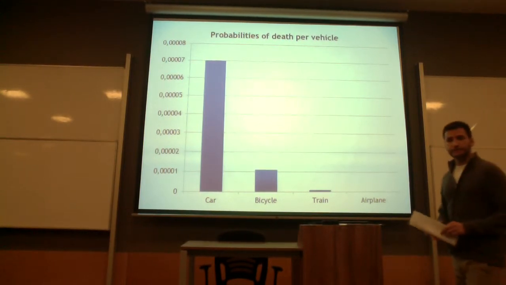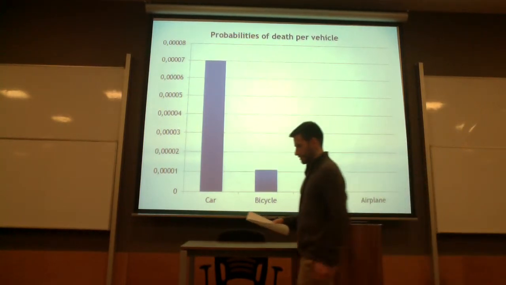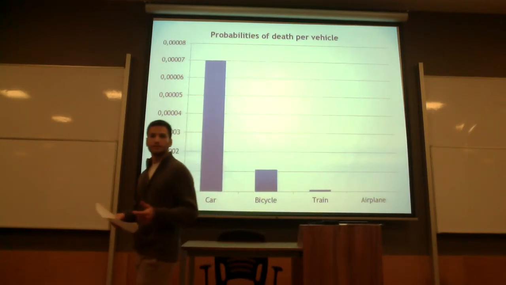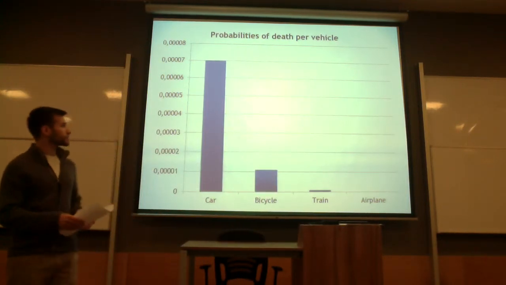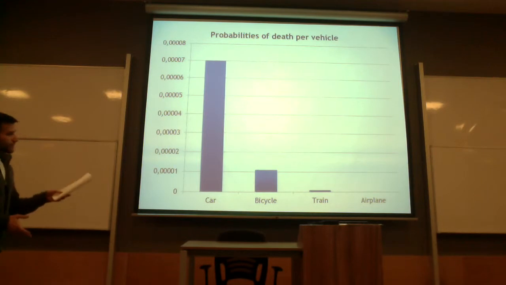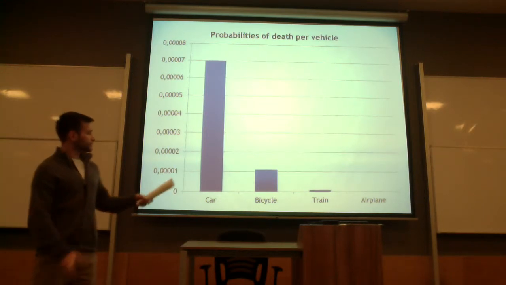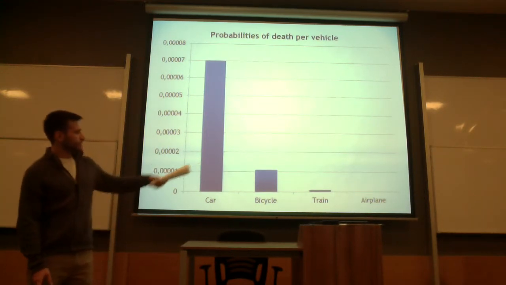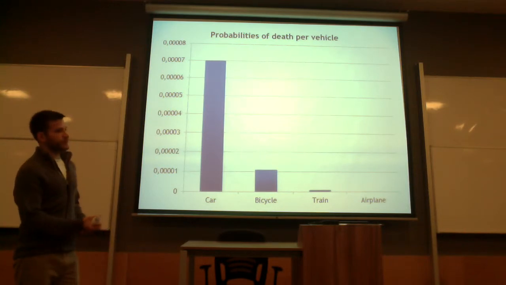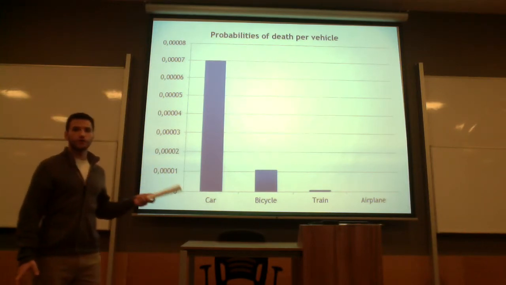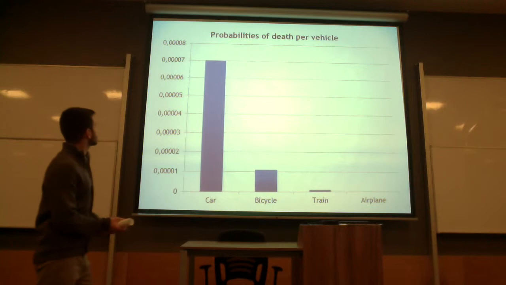I have constructed a graph from the article titled "How Safe is Commercial Flight?" In this graph, we see some transportation methods compared with airplanes and their probabilities of death.